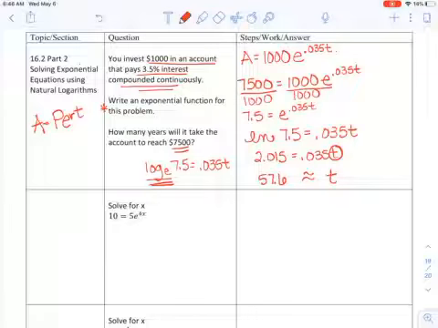And compounded continuously, so that's going to be years. And then, of course, we ask ourselves, does that answer make sense? For example, can I have 0.6 of a year? Yes. I am dealing with money, but the answer is not money, so I don't have to go to 2 decimal places, etc.